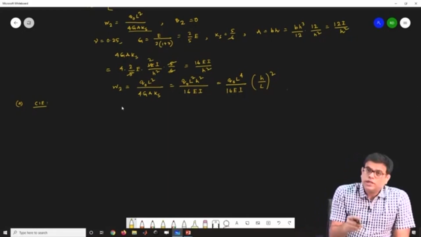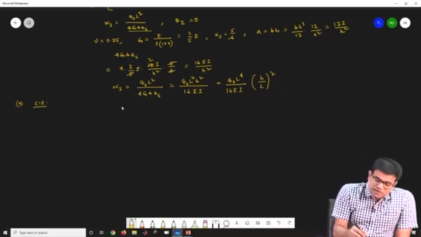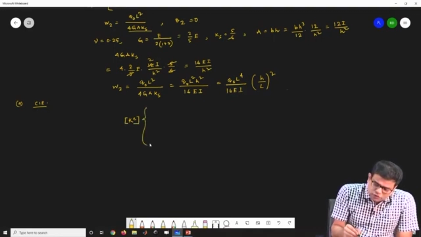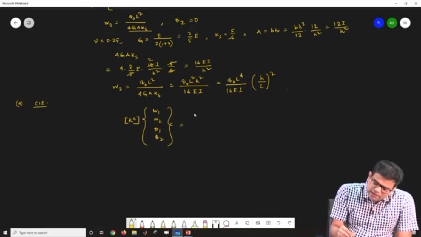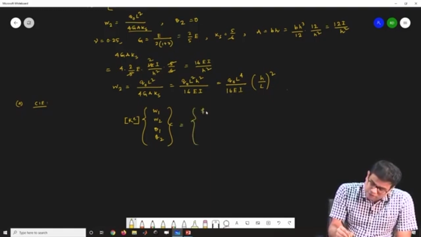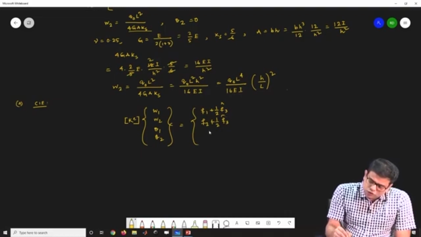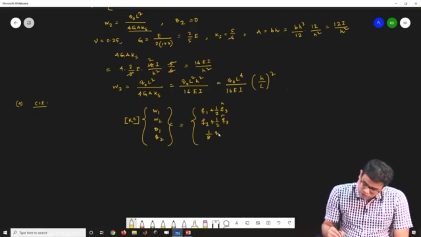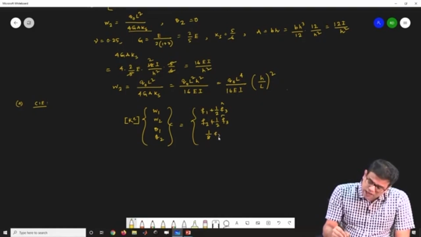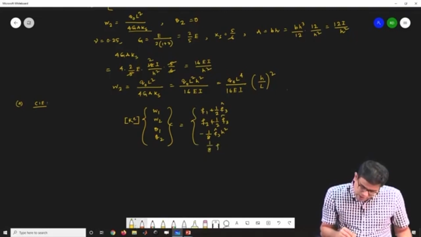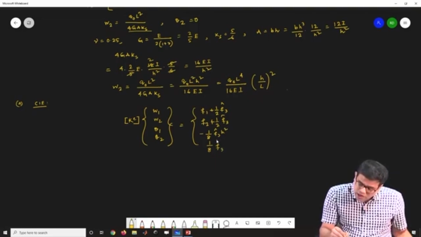If you remember that we condensed the equation, the stiffness matrix equation looks like this, that is Ke for this, and then this is actually W1, W2 and theta 1 and theta 2, like this we did, and then this is F1 plus half of F3 hat, then this is also F2 plus half of F3 hat, and this is 1 by 8 F3 hat h square, and then this is 1 by 8 F3 hat h square.